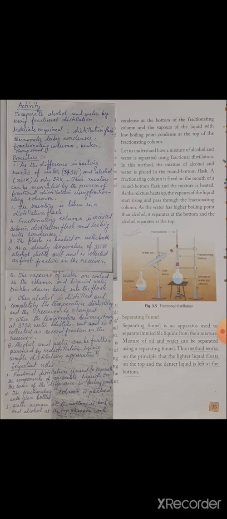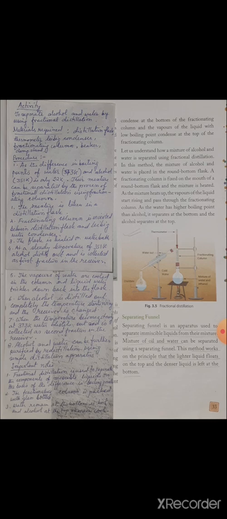Now the procedure. First, as the difference in boiling points of water, 373 Kelvin, and alcohol, 351 Kelvin, is only 22 Kelvin, their mixture can be separated by the process of fractional distillation using a fractionating column.